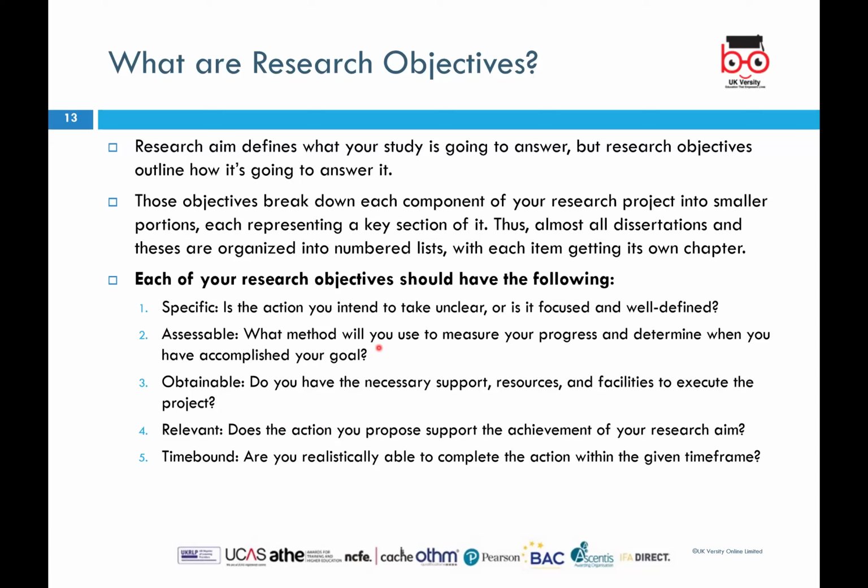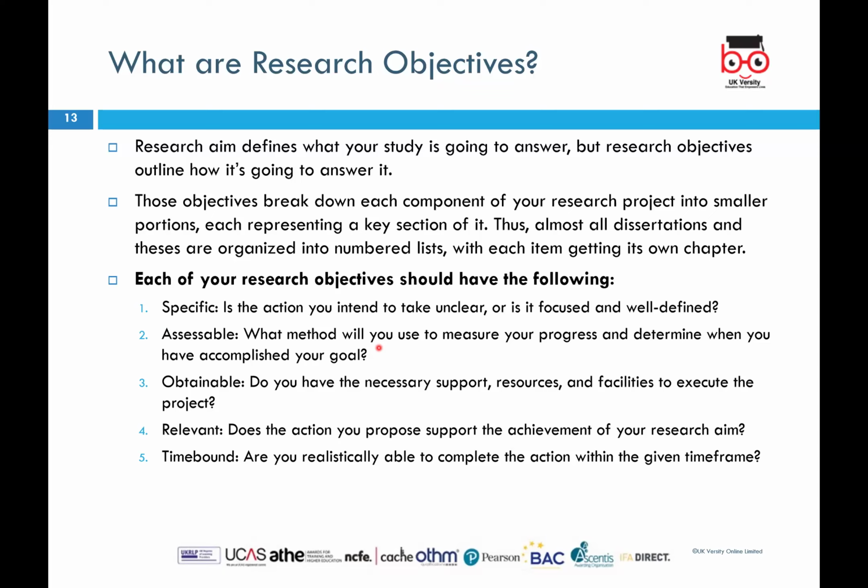Okay, what do I mean by SMART? It's specific. That means it's a mnemonic. SMART is a mnemonic. What I use is SMART, but people use it interchangeably. Specific means: is the action you intend to take unclear, or is it focused and well-defined?